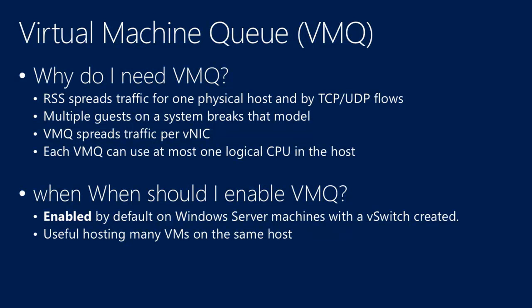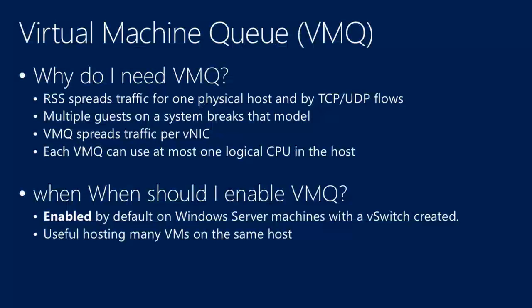So VMQ spreads traffic per VM NIC, and each VMQ can use at most one CPU in the host. And going back to your question earlier, sir, as soon as a vSwitch is bound to the NIC, that's when RSS gets disabled and VMQ gets enabled. So you'll see when you do Get-NetAdapterRss, it may still say true.